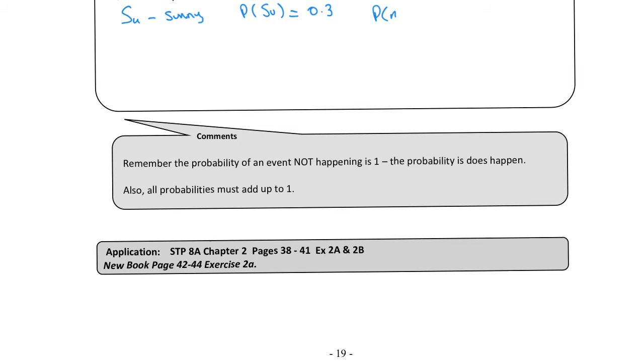The probability that it's not sunny is going to be 1 minus the probability that it is sunny, which is 1 minus 0.3, which is 0.7. So again, the options are it's either going to be sunny or it's not, and those probabilities have to add up to 1. So to work out the probability that it's not sunny, it's 1 minus the probability of sunny.